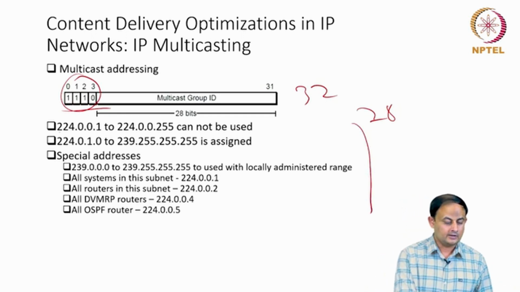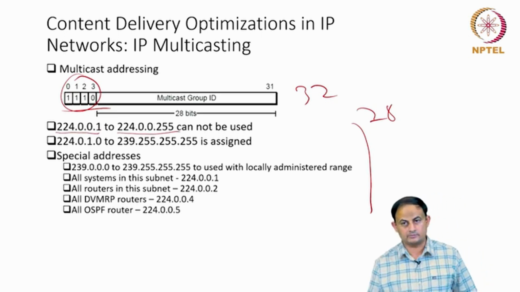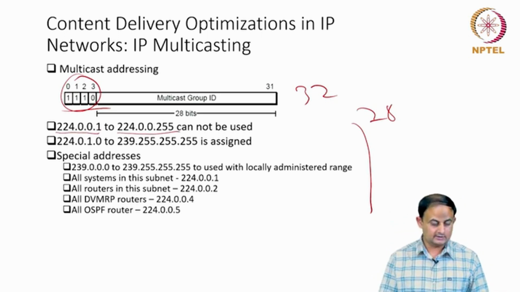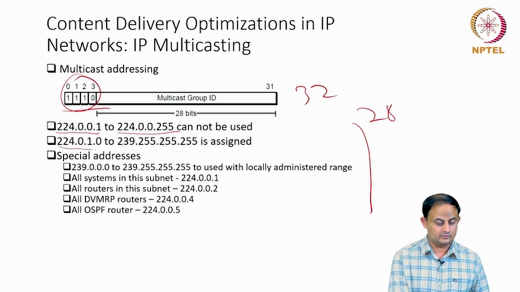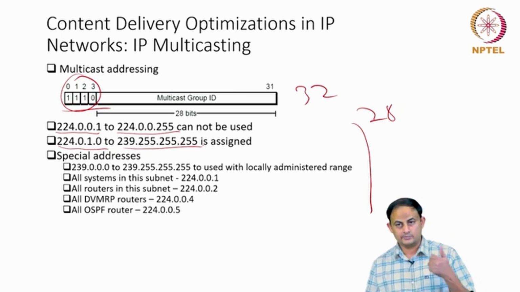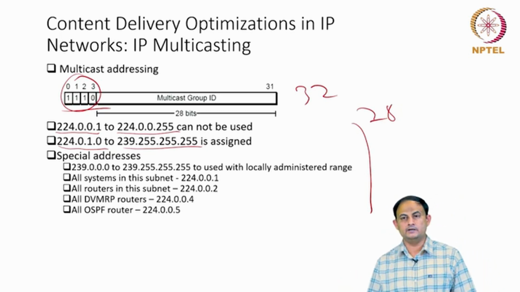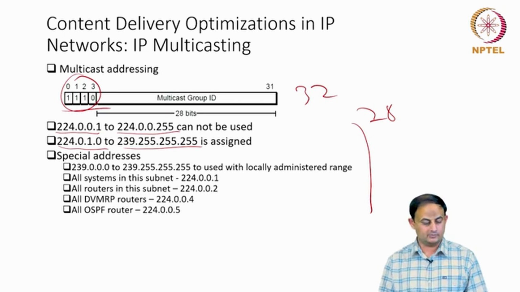So, 224.0.0.0 to 224.0.0.255 cannot be used, and another series from 224.0.1.0 to 239.255.255.255 can be used for multicasting purposes.